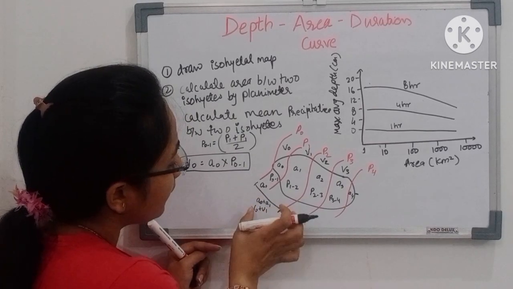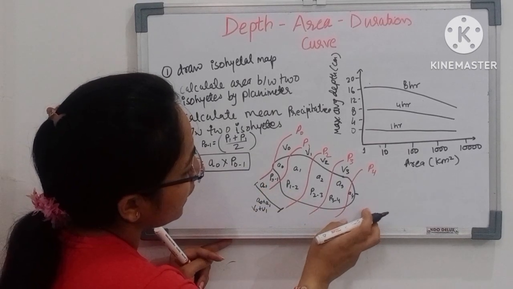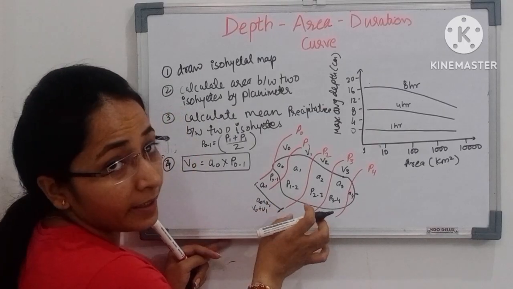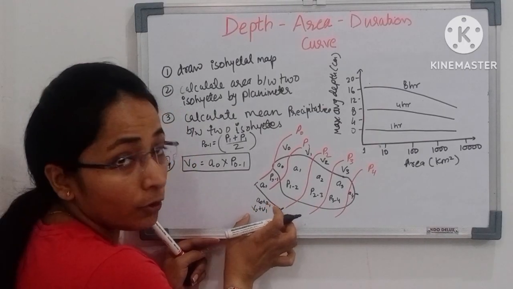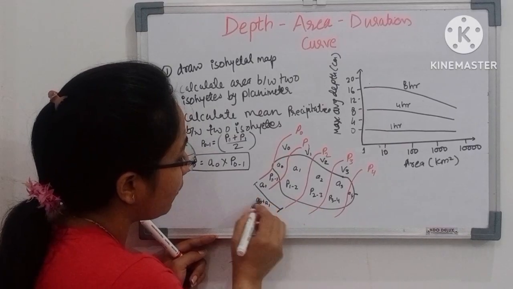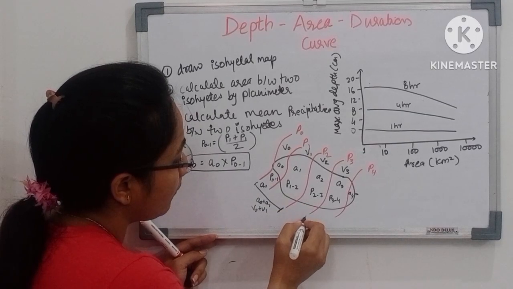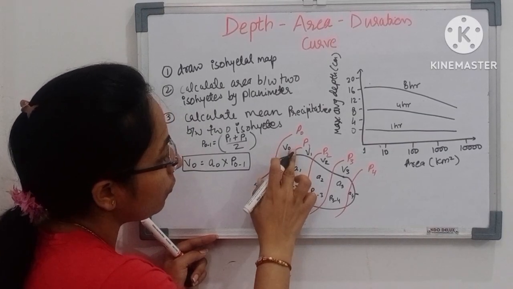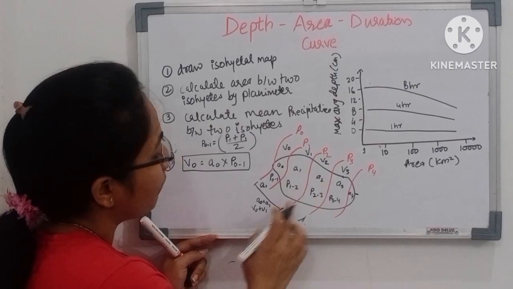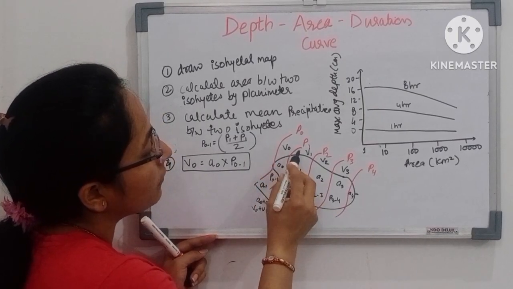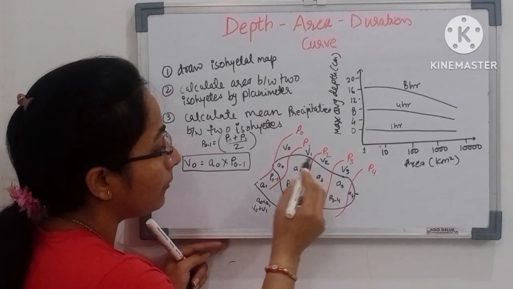Likewise, as we move outward through the contours, the area and volume will keep increasing. Like up to P3, the area will be A0 plus A1 plus A2 and the volume will be V0 plus V1 plus V2.